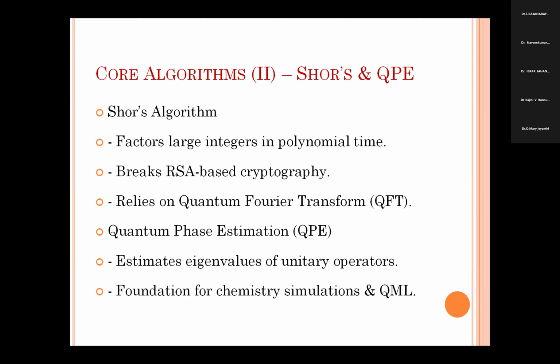Then quantum phase estimation. All of you know that quantum errors can be handled using quantum phase estimation. It estimates eigenvalues of unitary operators, the foundation of chemistry simulations and QML. Then we can define quantum errors.